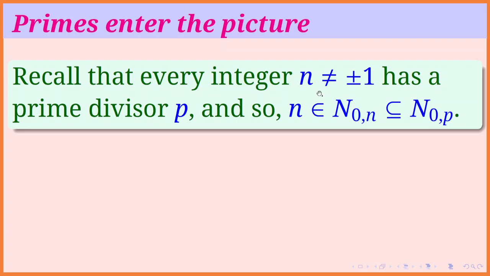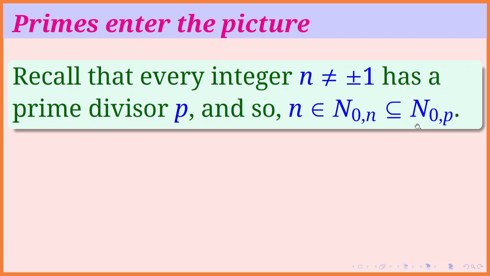Recall that every integer n different from plus minus 1 has a prime divisor p. We have already mentioned this fact. And so this particular neighborhood N(n,0) obviously belongs to this neighborhood. Since every n is a multiple of some p, this particular neighborhood is contained in N(0,p).